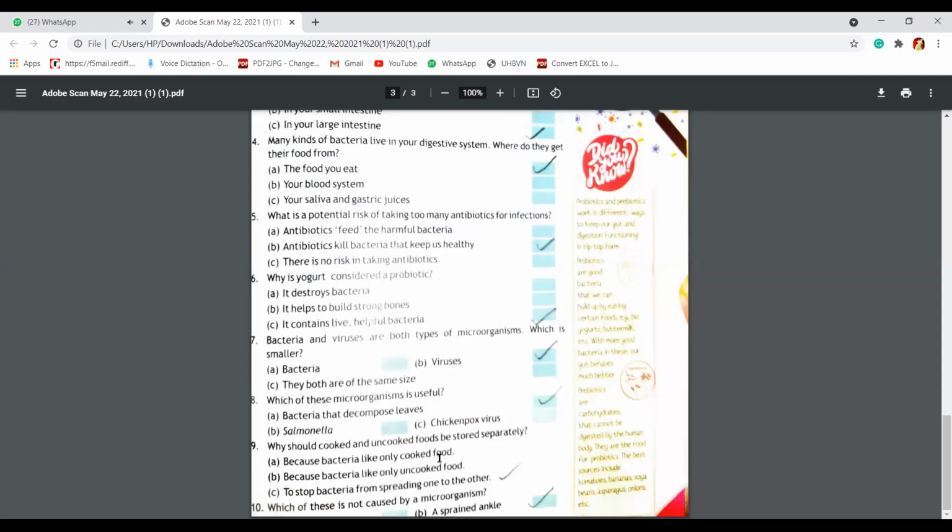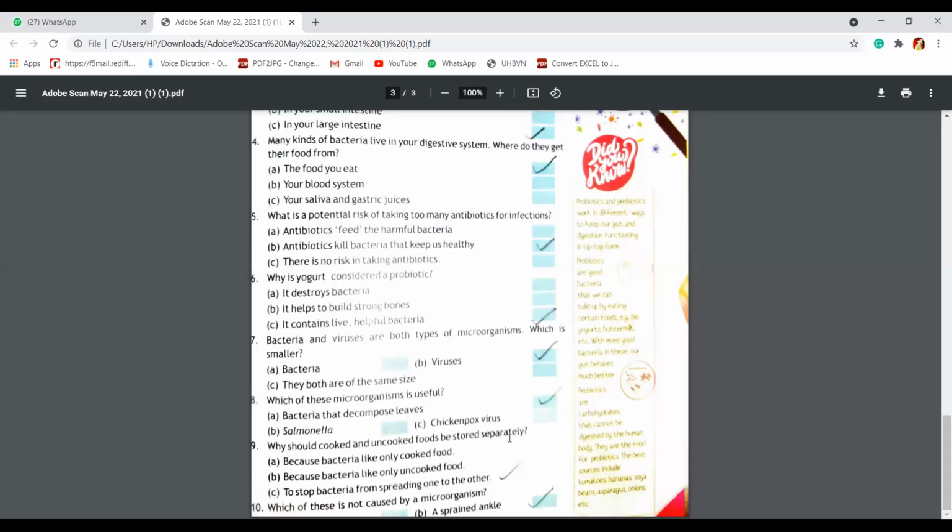Why should cooked and uncooked food be stored separately? To stop bacteria from spreading from one to another. Because the shelf life of uncooked food and cooked food is different from each other.